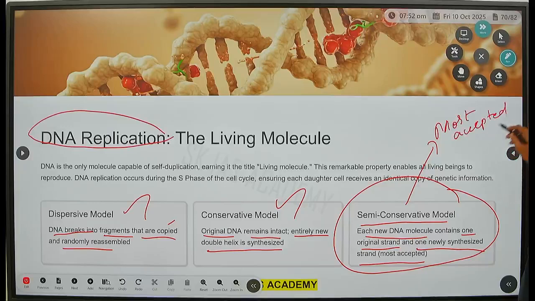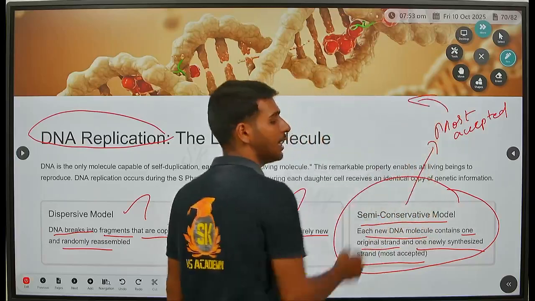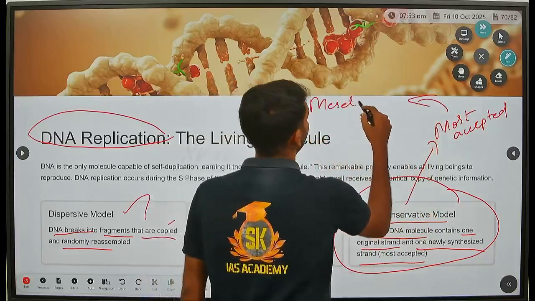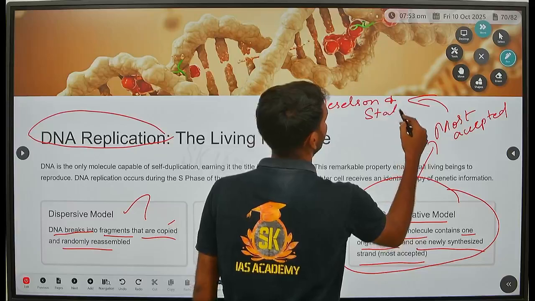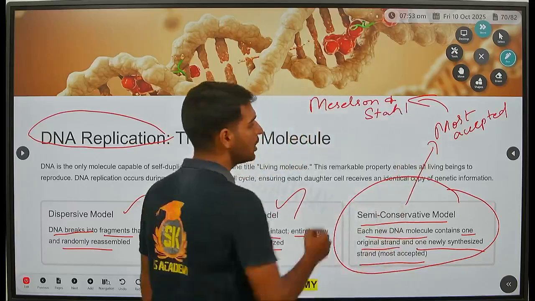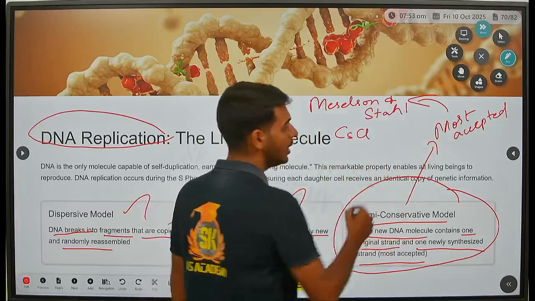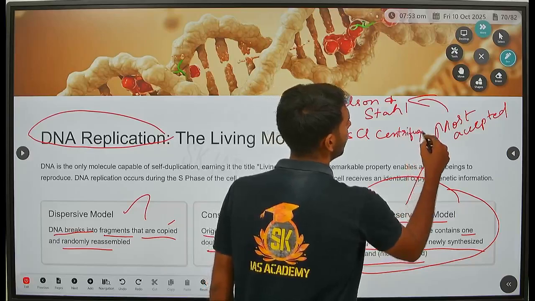How do we know? There was an experiment conducted by Meselson and Stahl, using the cesium chloride (CsCl) centrifugation method.